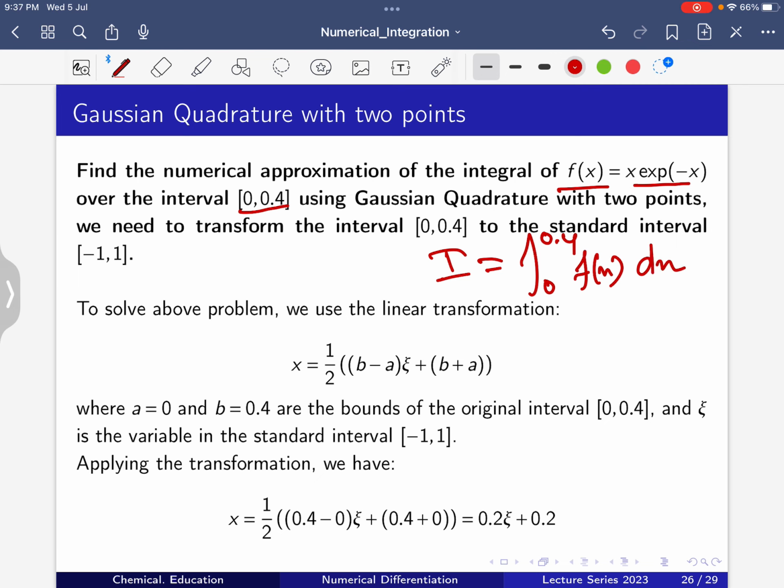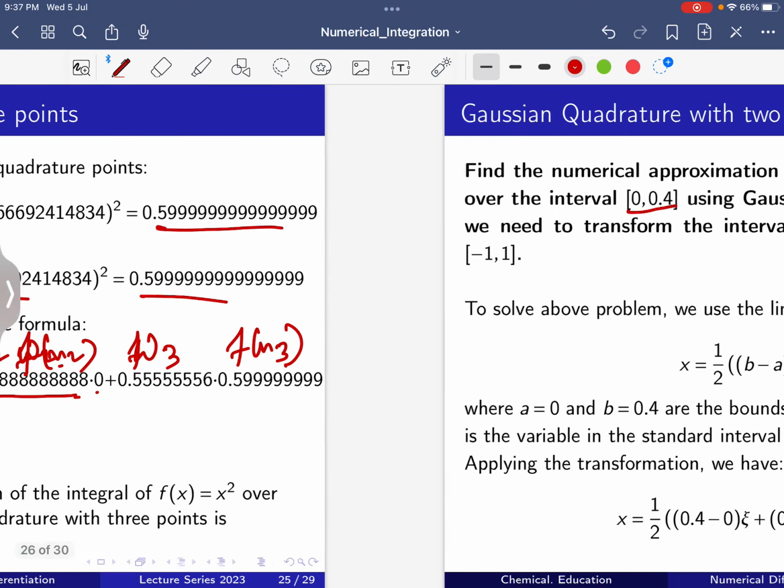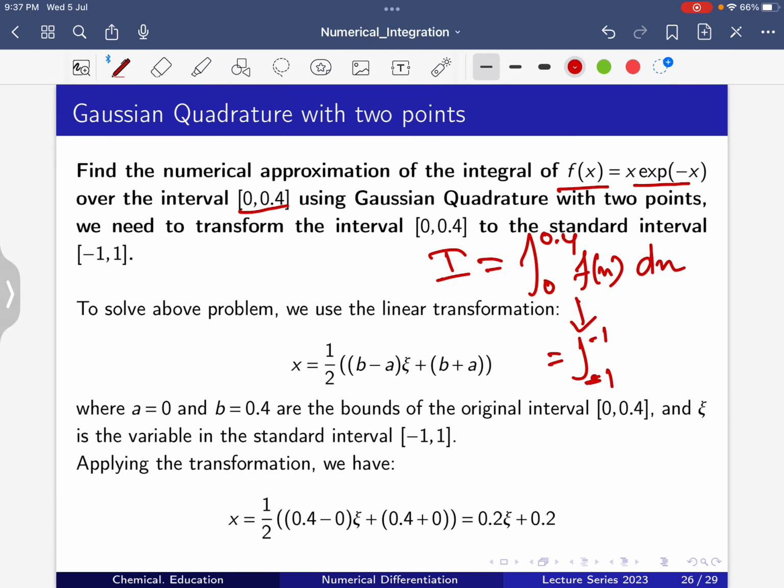Now we apply Gaussian quadrature, so we have to change the interval to -1 to 1.